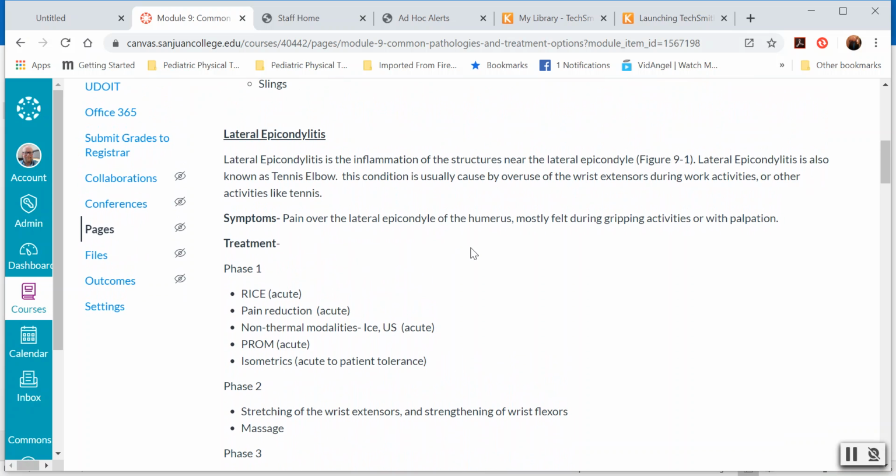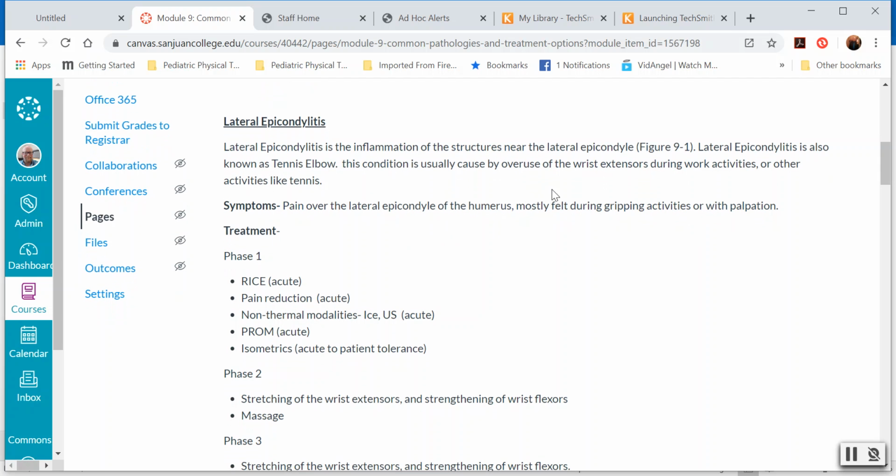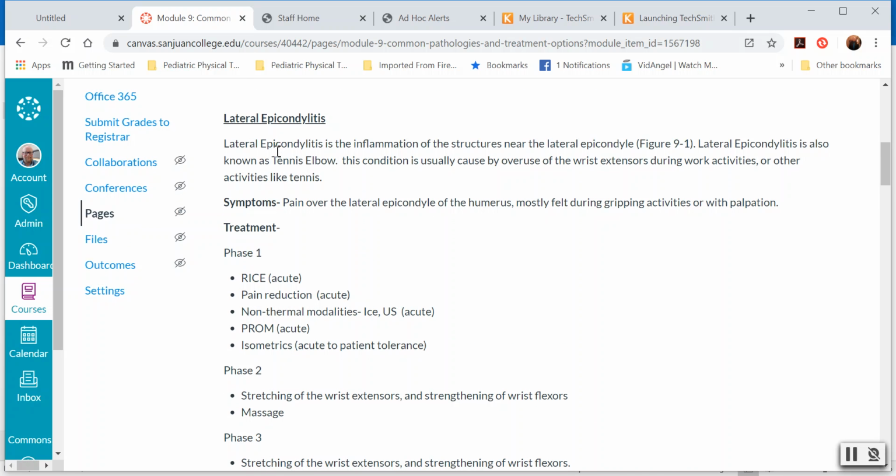So lateral epicondylitis is just tennis elbow, like we've talked about. You guys should be pretty familiar with it. It's just a repetition injury from doing things too much, and so that muscle will get overly tight, those extensor muscles, and your flexor muscles can tend to get a little bit weak.